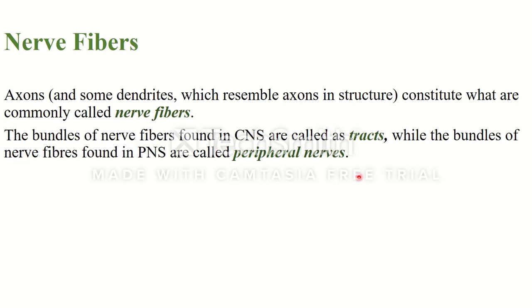But the collection of axons or nerve fibers outside the central nervous system, in the PNS, the peripheral nervous system, is called nerves. So cranial nerves and spinal nerves. But in the CNS, these collections are called tracts. So in the CNS, we don't have nerves, we have tracts.